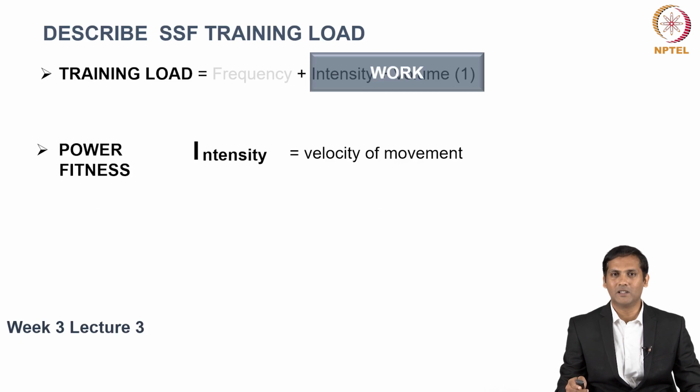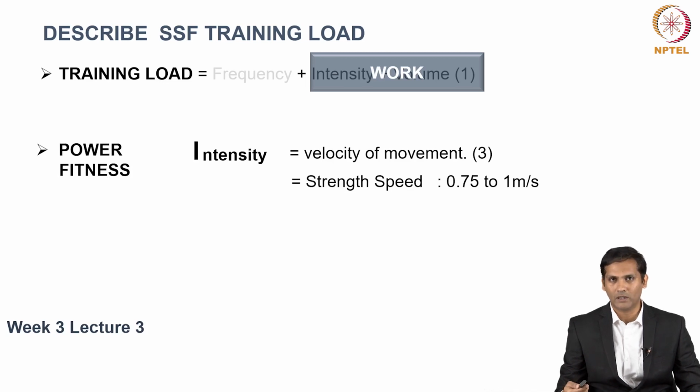So in this method, the power training is divided into different velocities. The first is described as strength speed. In strength speed, you focus on lifting a moderate to light load, and you move that load with a moderate velocity, and the range of the velocity is between 0.75 to 1 meter per second.